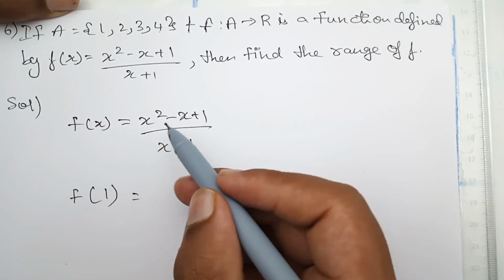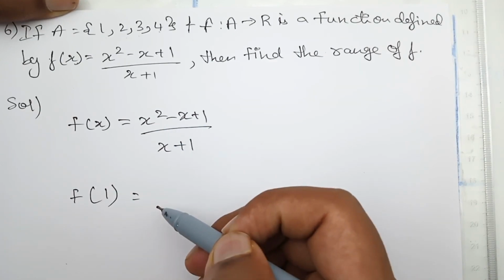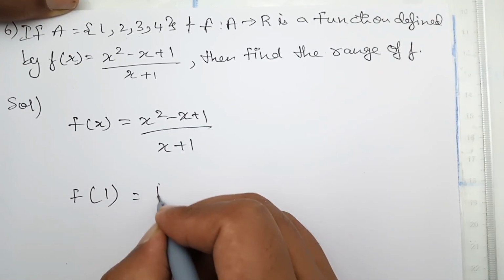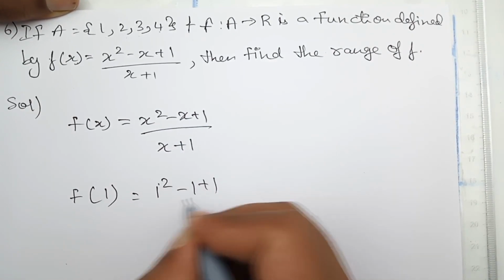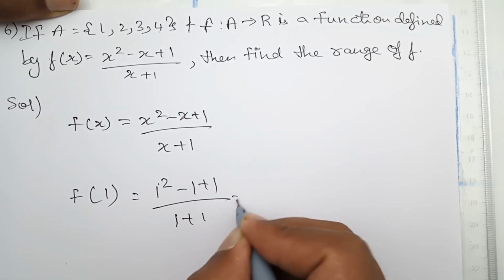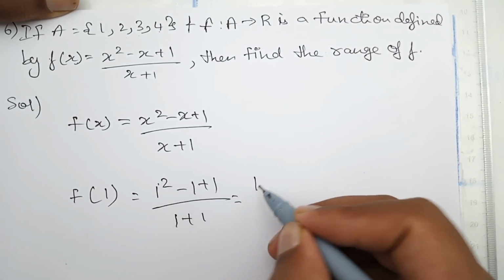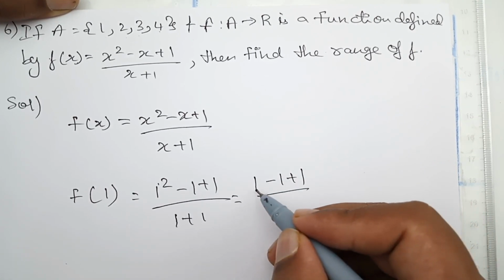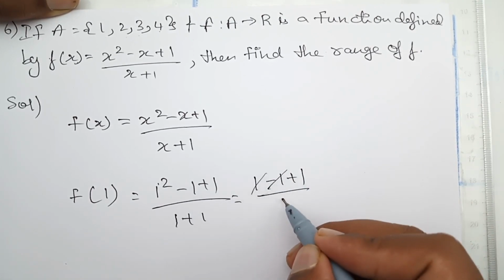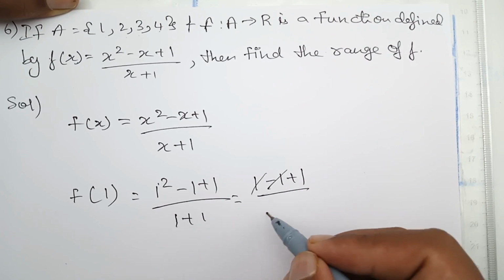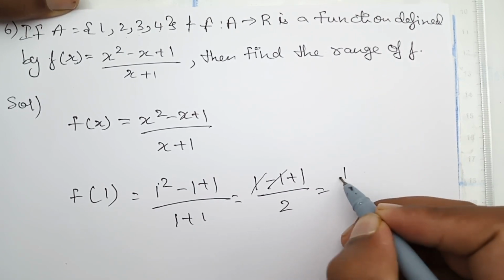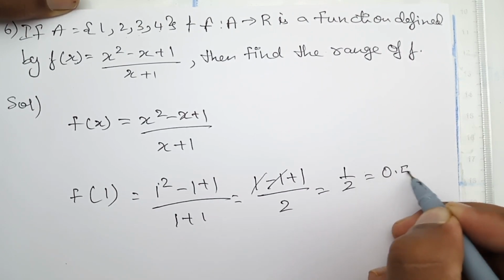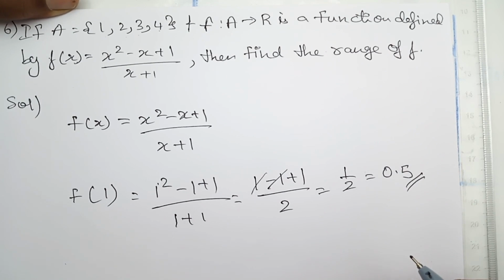Every time x is here, we should write 1. 1 square minus 1 plus 1 by 1 plus 1 is equal to 1 square is 1, minus 1 plus 1, minus 1 plus 1 cancels. Here 1 plus 1 is 2, so it is 1 by 2, that is 0.5. For the first one, f of 1 is equal to 0.5.